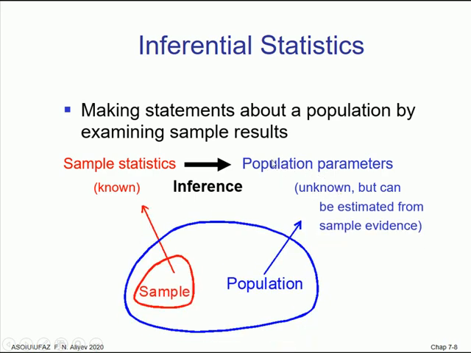The values about the population are called parameters. They are unknown because it's a big set and you cannot calculate the characteristics of this large set. That's why parameters are always unknown, but can be estimated from the sample result. The sample is so small and you select it in order to analyze it. That's why it's always simple to analyze, and sample data is always known.